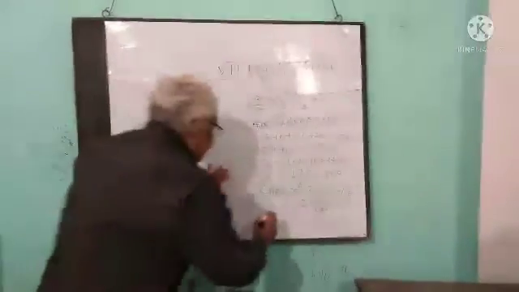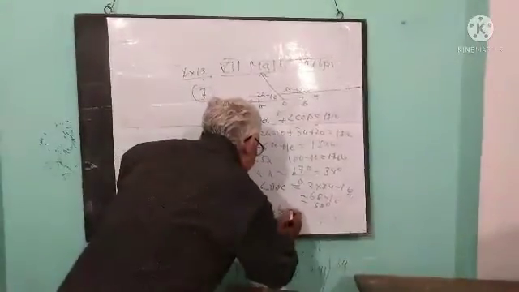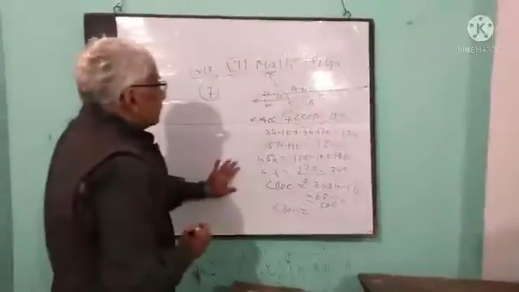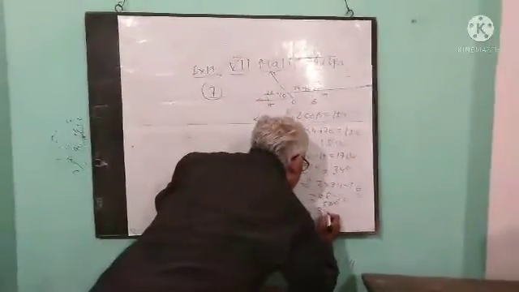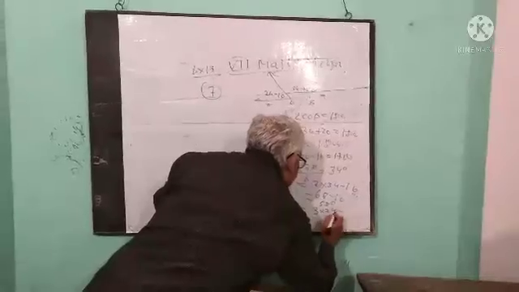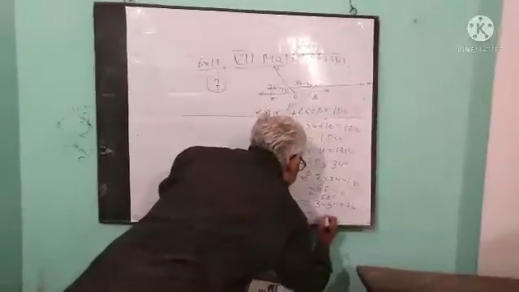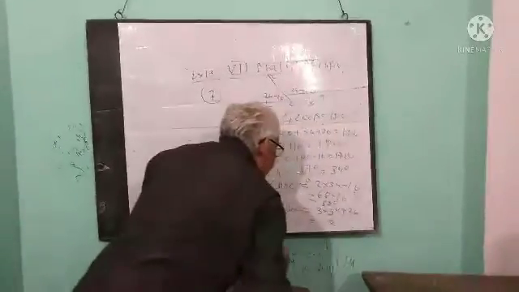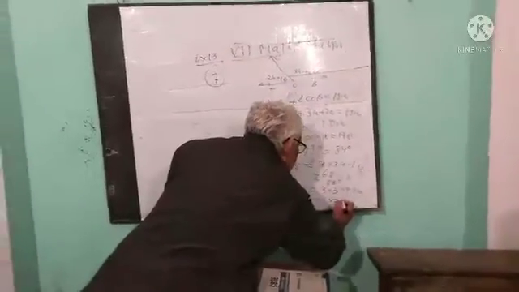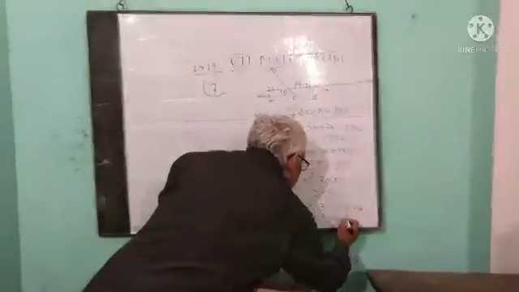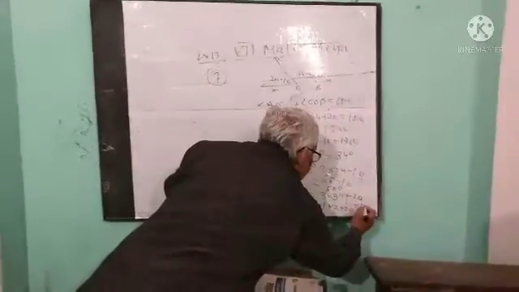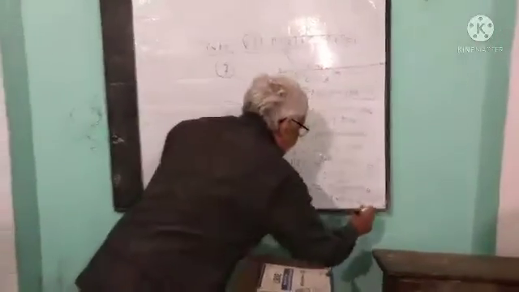Angle COB, angle BOC, is 3x plus 20, which is 3 into 34 plus 20, that is 122 degrees. Hence it is the answer.